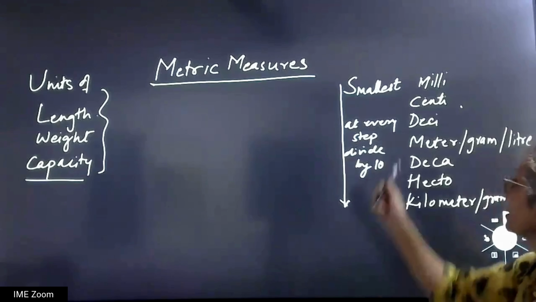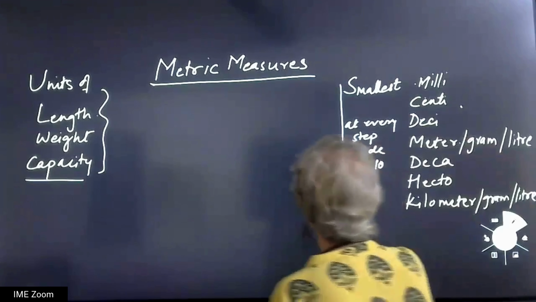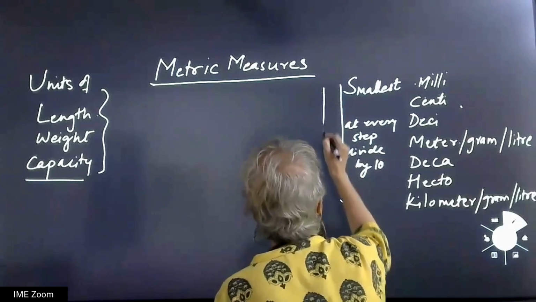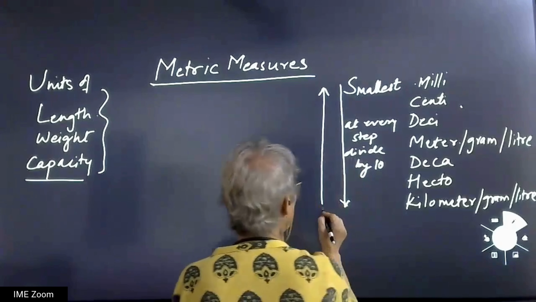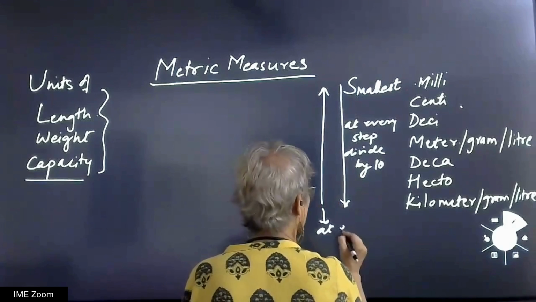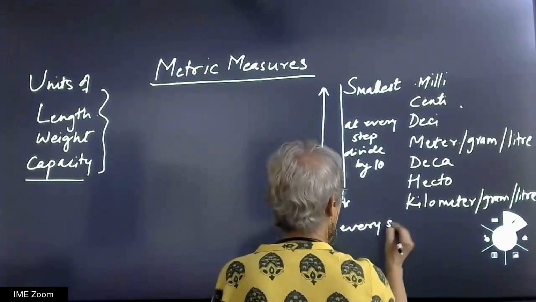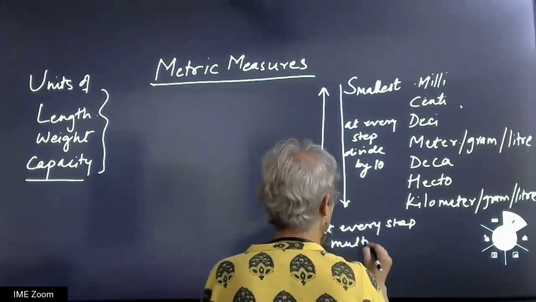This is when you are converting milli to kilo. And when you are going up, larger to smaller, what you will do? I am writing below here: at every step, multiply by 10.